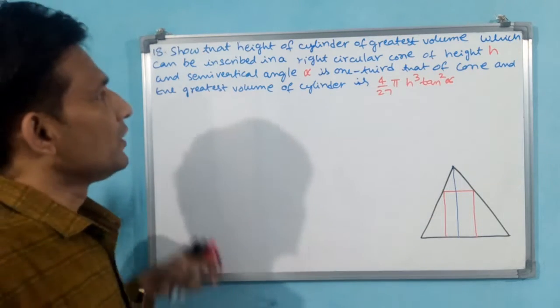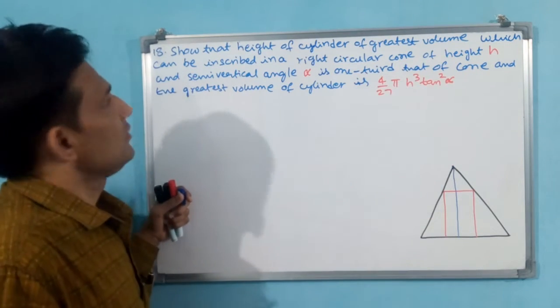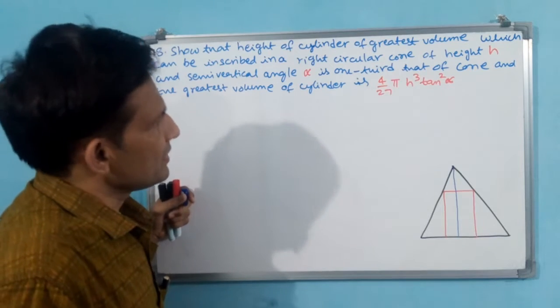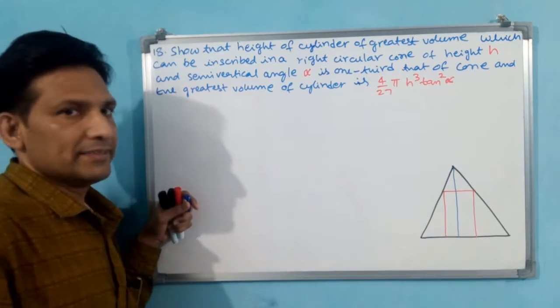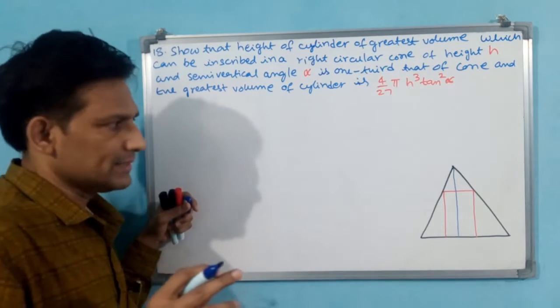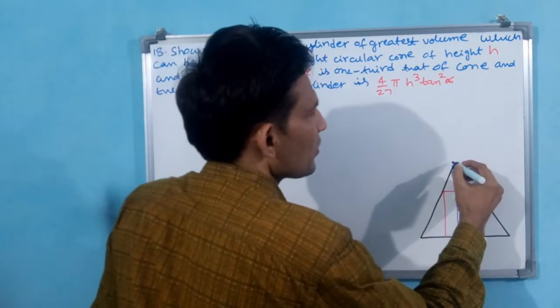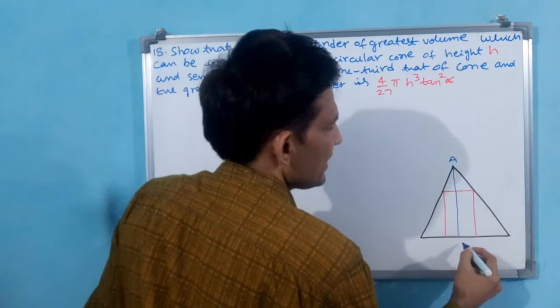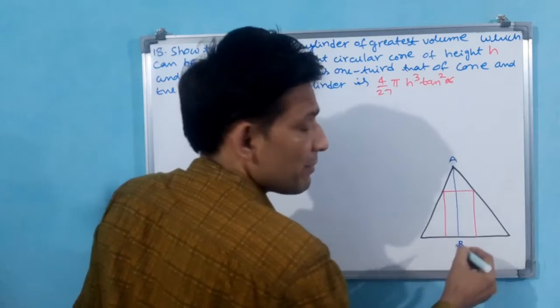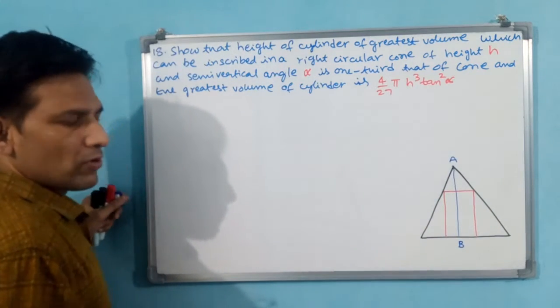The height of the cylinder of greatest volume, which can be inscribed in a right circular cone of height h. That means the cone height is h. Cone height is h means I will take this A and this B. AB is the height of the cone.